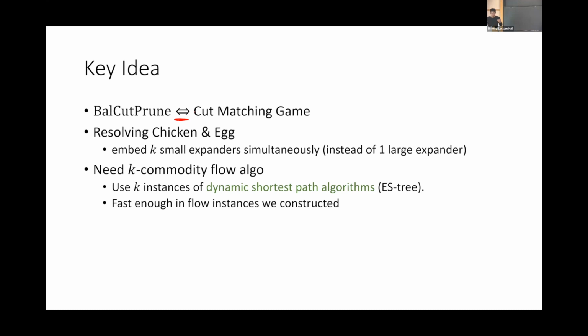And we break this chicken and egg situation by recursing on an instance of smaller size by a factor of k. To implement this recursive structure, where you break it into k parts, you need to do some completely slow algorithm on k, but you can do it. So that's the key idea.